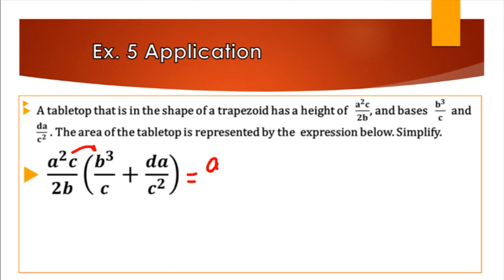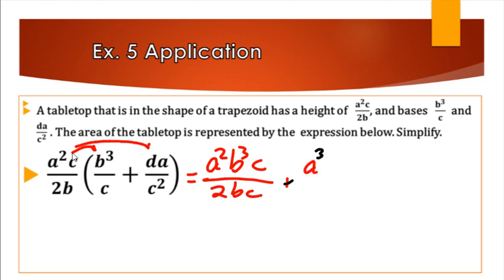So we have a squared b cubed c over 2bc plus a cubed c d over 2bc squared. And we check to see if there's anything we can simplify, and there are. The c's cancel out. I can take a b away.